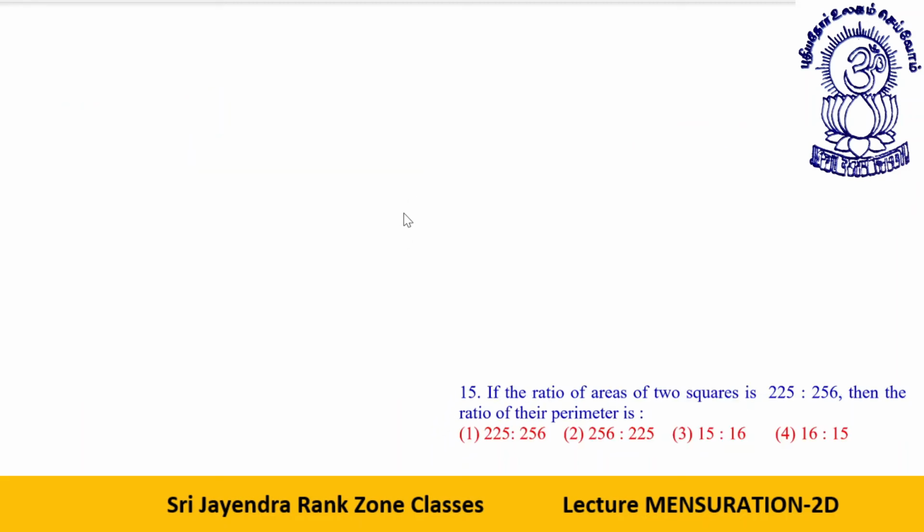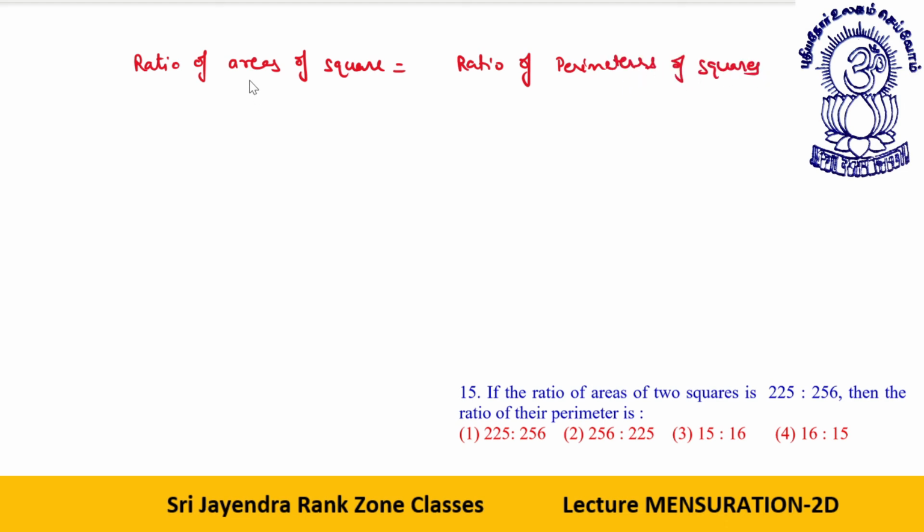If the ratio of area of two squares is 225 to 256, then the ratio of their perimeters is? Ratio of areas of squares is equal to ratio of perimeters of squares. See, my dear students, area is in meter square, perimeter is in meter. So in order to equate them, I will do the square of this.